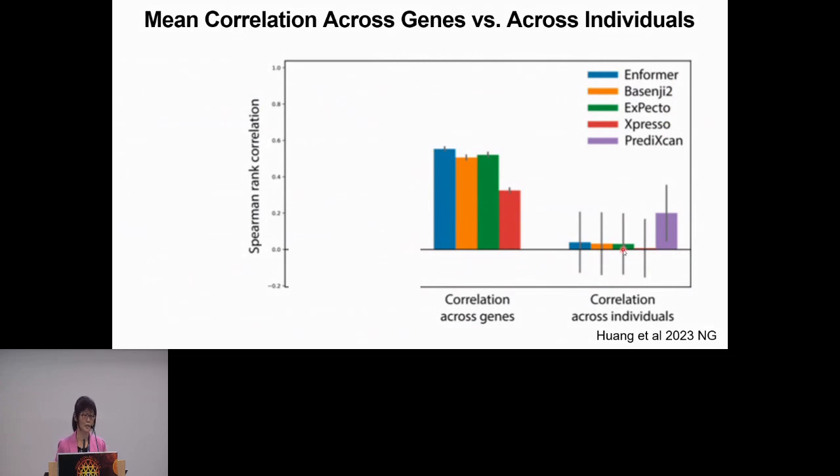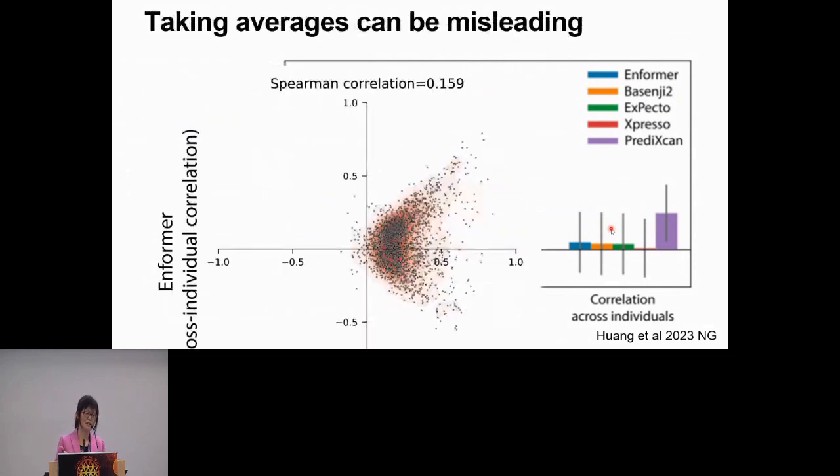But across individuals, the prediction performance is close to zero. Taking averages can be misleading, because you are looking at things that are positively correlated and significantly negatively correlated. If you average them, you see zero performance, but that's not telling the full story. This figure shows the genes as dots, with how well each gene is predicted in terms of Pearson correlation. There is positive performance and negative performance.